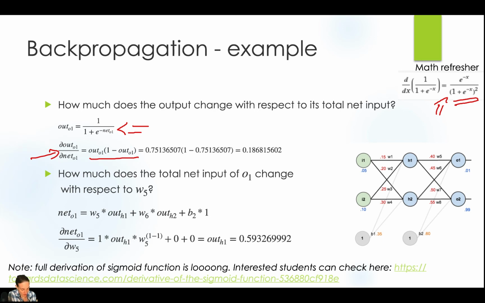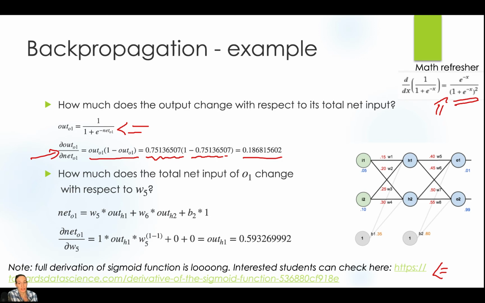So instead of giving you 3 slides of math, I can refer the interested parties to this website, a very nice article that explains all the steps of the derivation and the calculation. But suffice it to say that the partial derivative of the sigmoid function is out O1 times 1 minus out O1. So we can fill this in, again, the calculated predicted value times 1 minus the predicted value, and we get our next derivative.